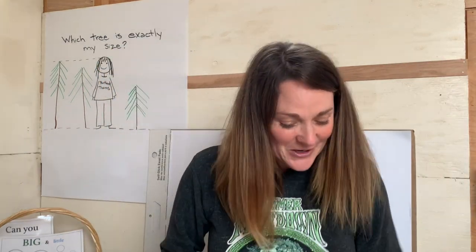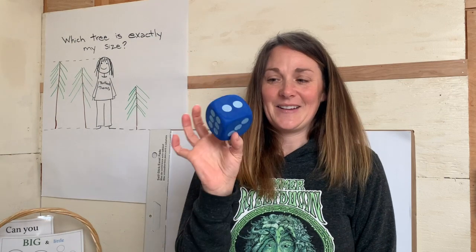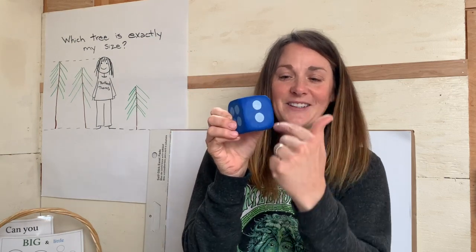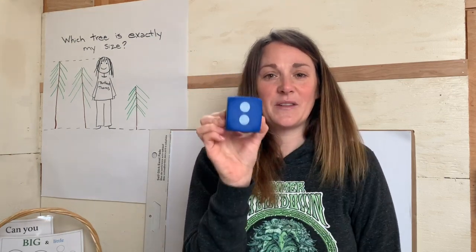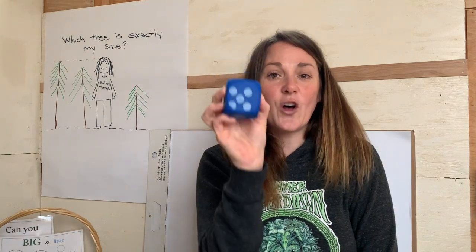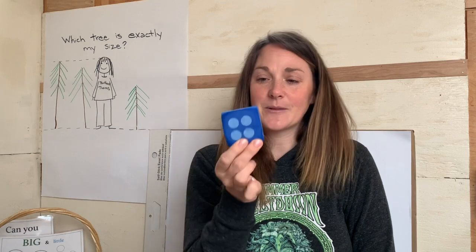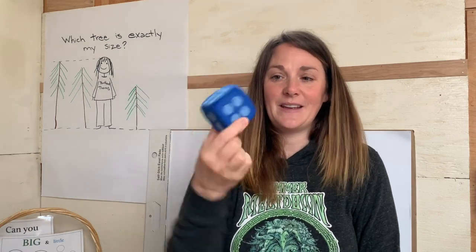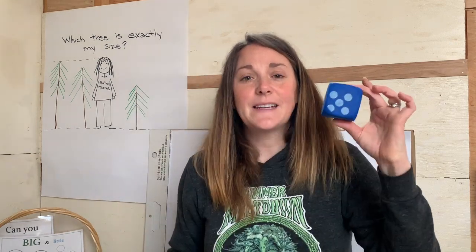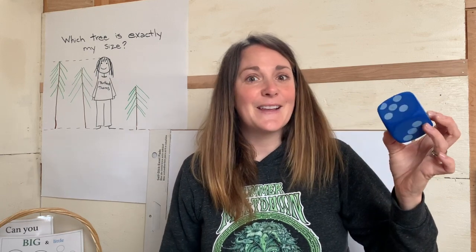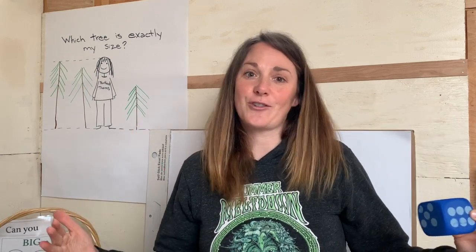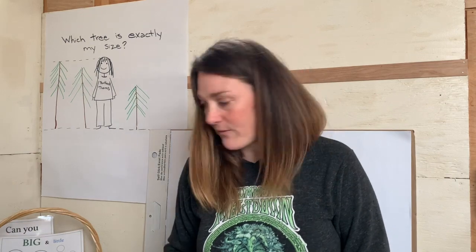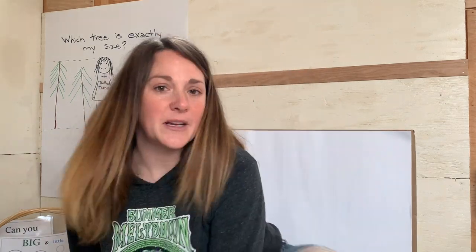Here we go. Let's start back with the dice. So this shape with the squares is also called a cube. What makes it a cube is that it's three-dimensional. So if I were to draw, let's see, I'm gonna get my markers.